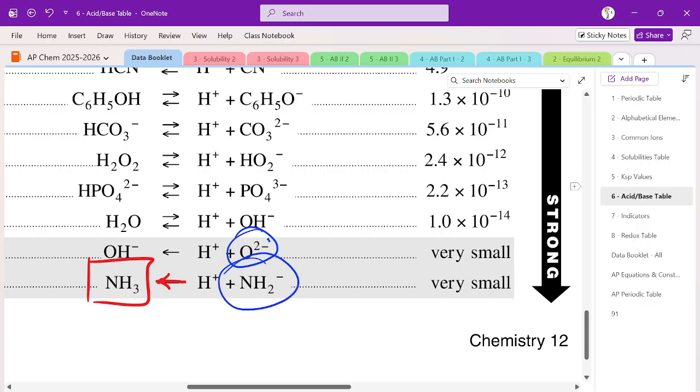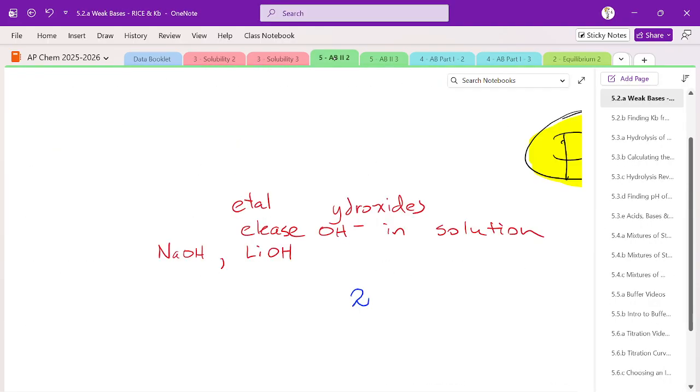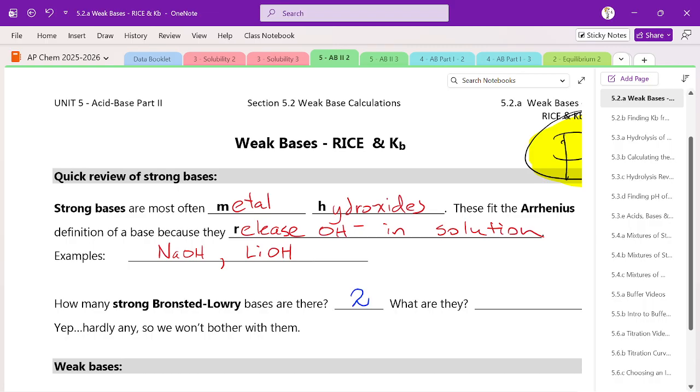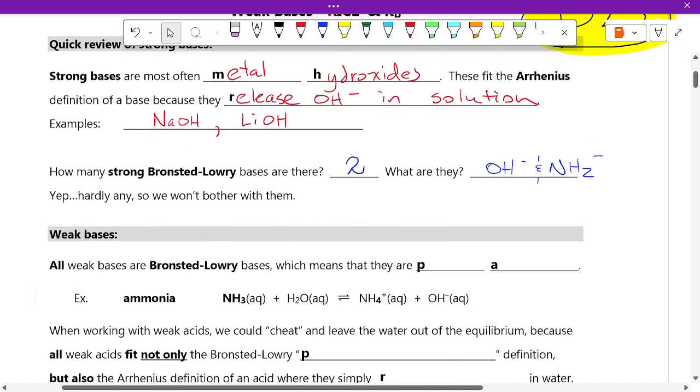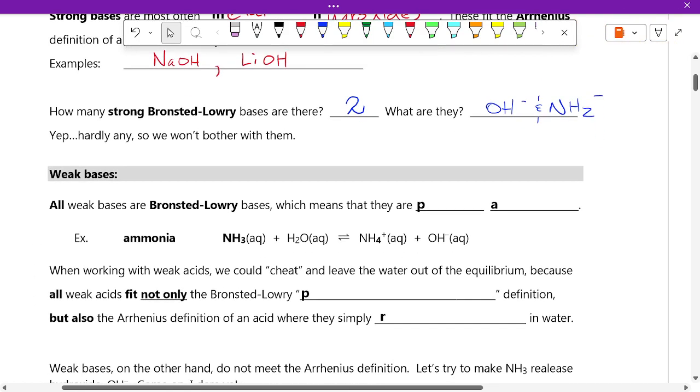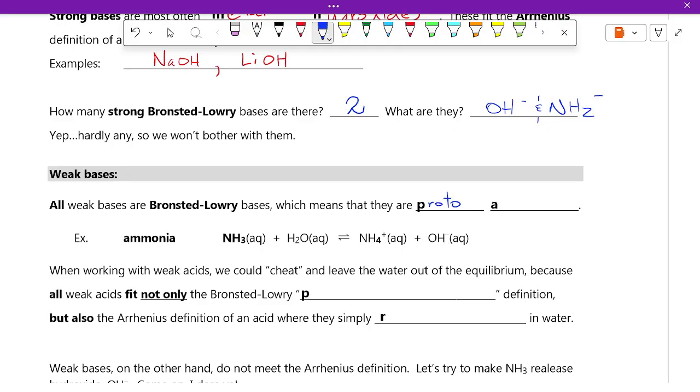Okay, excellent. Yep, hardly any, so we won't really bother with them. Okay, weak bases. All weak bases are Bronsted-Lowry bases, which means they are, by definition, proton acceptors.